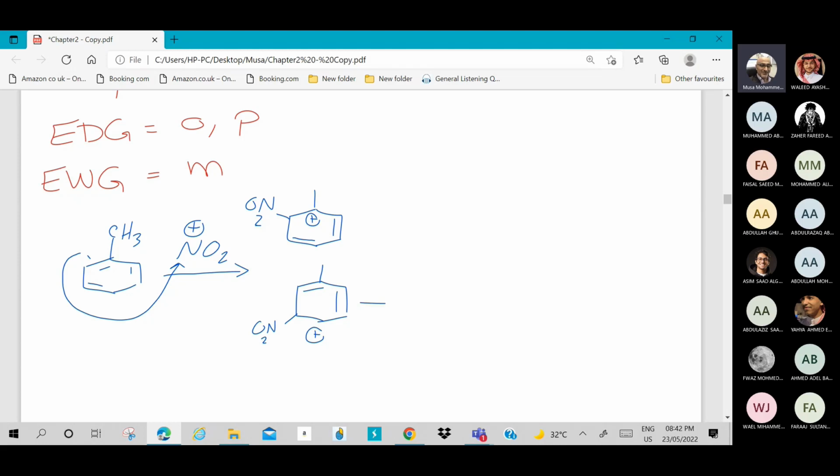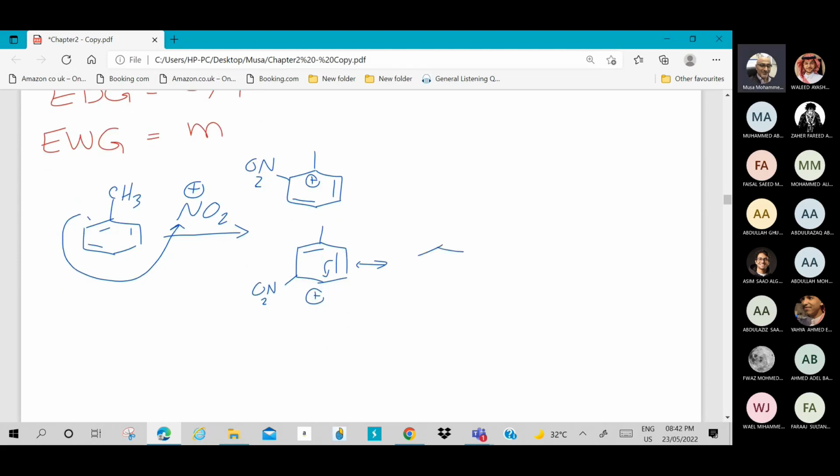Now, drawing the other resonance forms will put the positive charge. This is CH3, this is positive, and this is double bond, and this is nitro. And another resonance form, this will come here. And now we have the positive charge here.